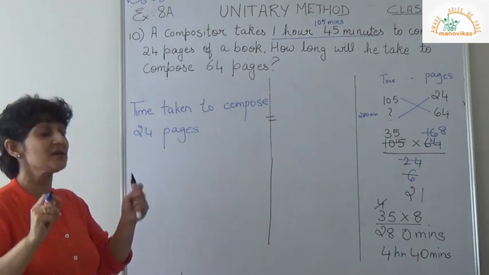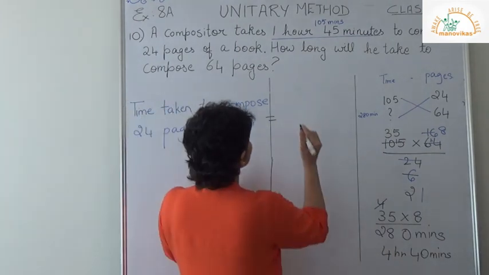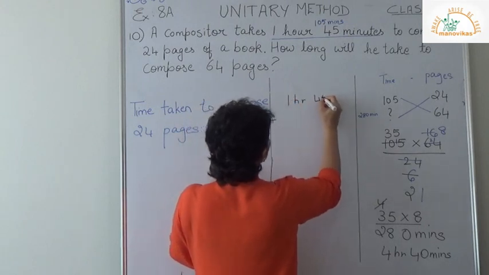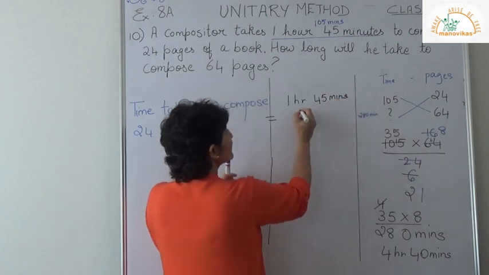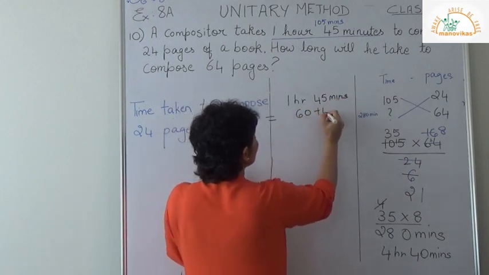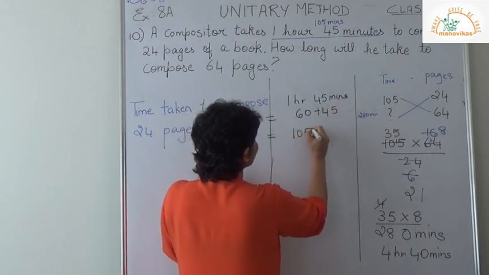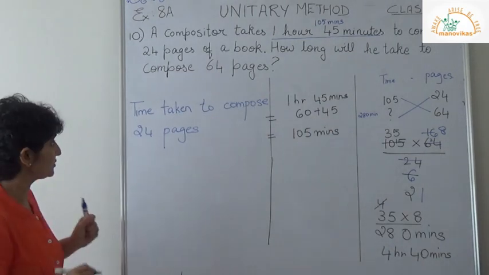Right? Time taken to compose 24 pages is 1 hour 45 minutes. So 1 hour is 60 plus 45, which gives me 105 minutes. Right, children? Have you understood?